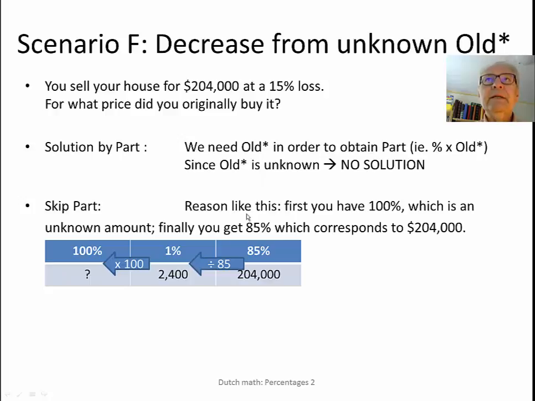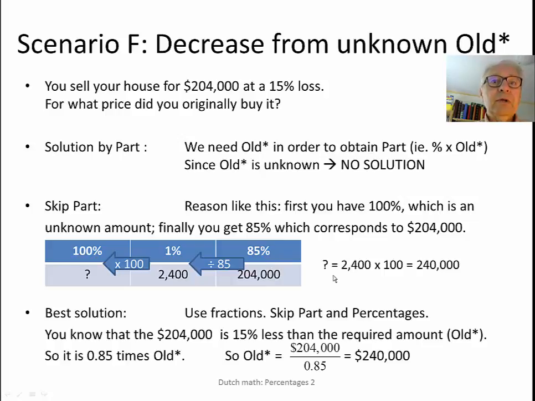Here again, the proportionality table helps us to derive what the solution is. You calculate back, but now you start at 85% because it was a 15% loss. So you know that what you got is 85%.